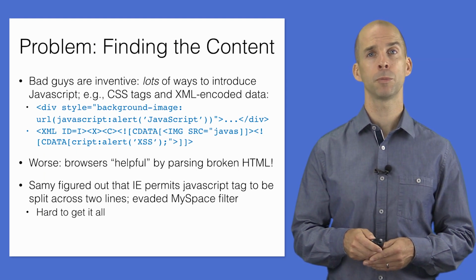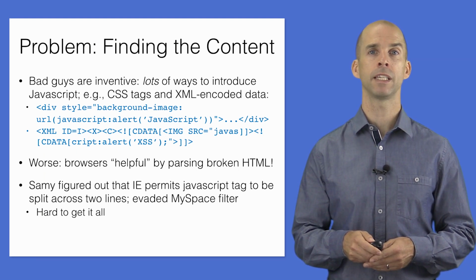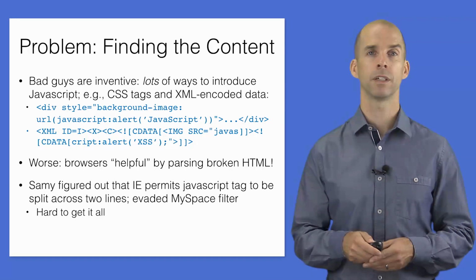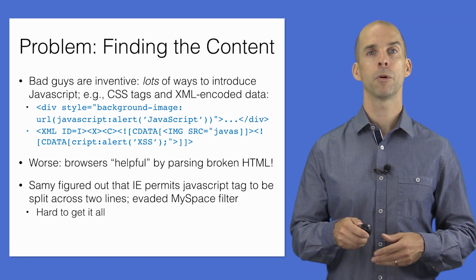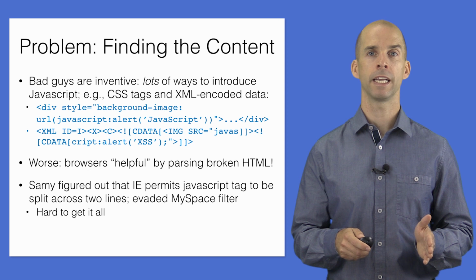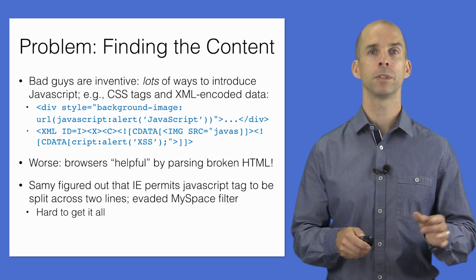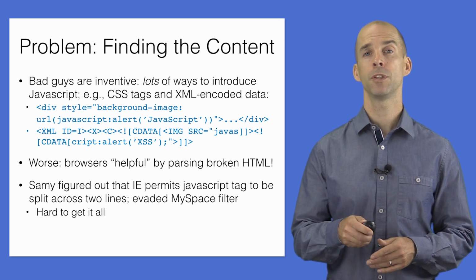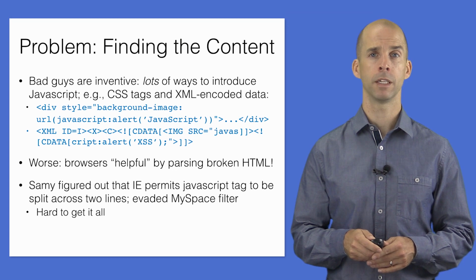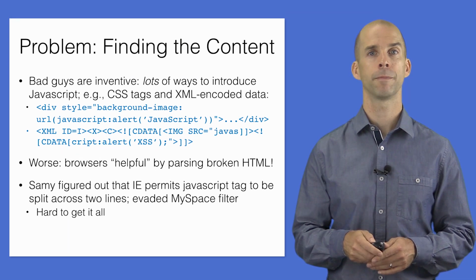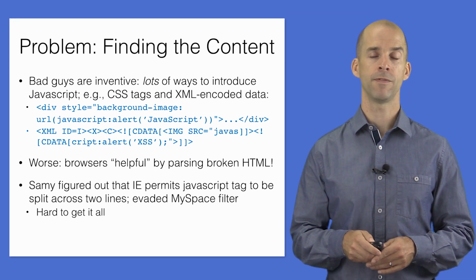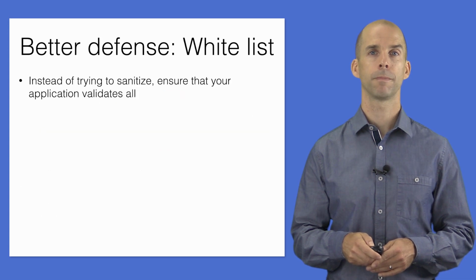For example, such permissiveness was the flaw that allowed Sammy to evade the MySpace filter. Internet Explorer permitted splitting the JavaScript tag into two words, Java and script, across two lines, even though other browsers would not interpret this as being a JavaScript tag. This split tag evaded the MySpace filters.